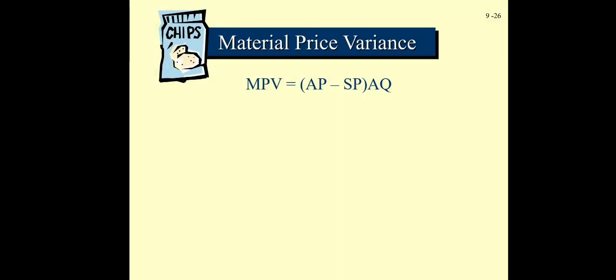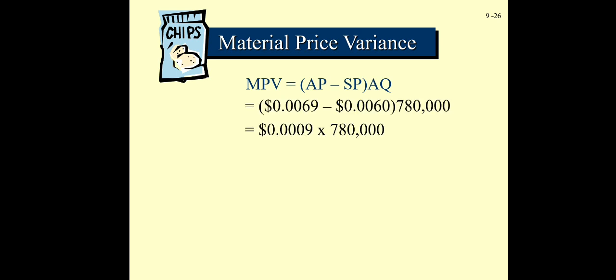Okay, this is an example related to the product discussed in this lecture notes, which is the corn chips. How to calculate material price variance for this product? You just use the formula according to the data that you can see in the previous slides.